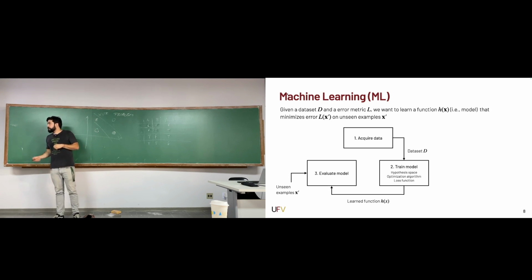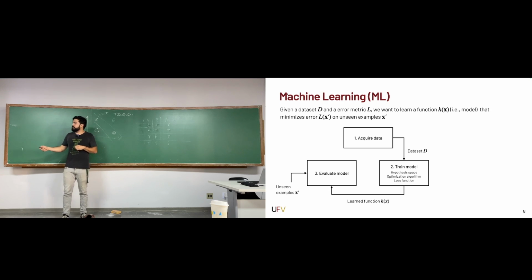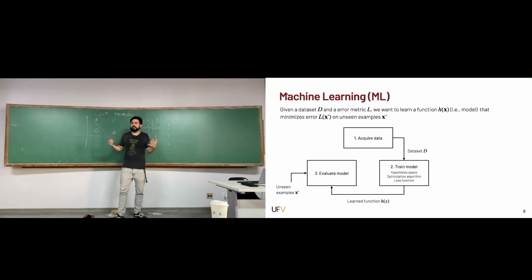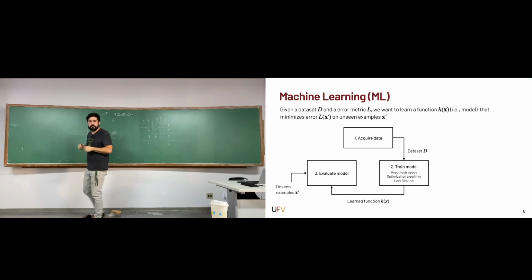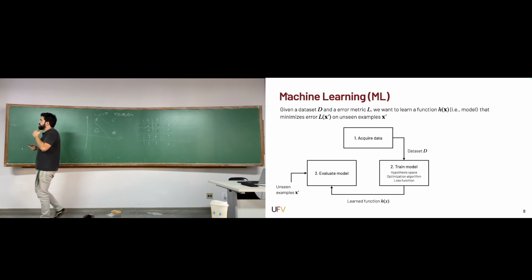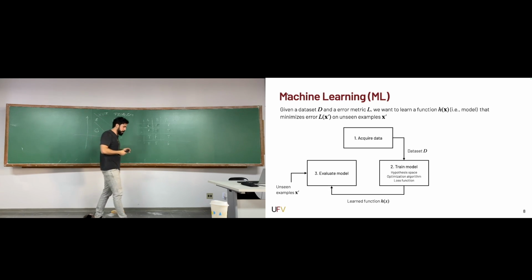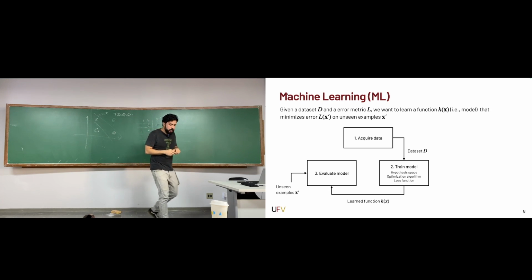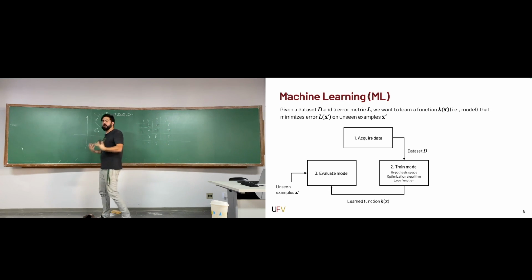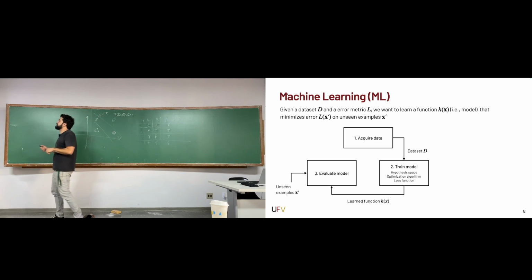Here it's correct. So when you're evaluating your model, you need other examples that you have never seen before, that are not here in D. Because think about this, in machine learning we are interested in predicting the future. We are not interested in predicting the examples we already know. We want to learn from data.